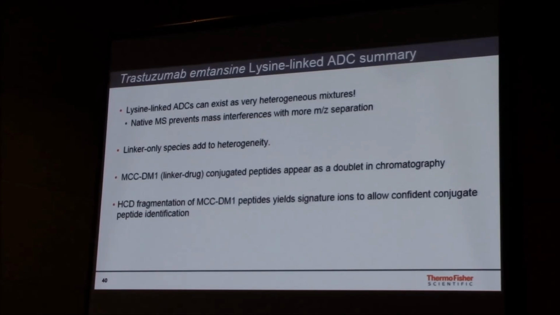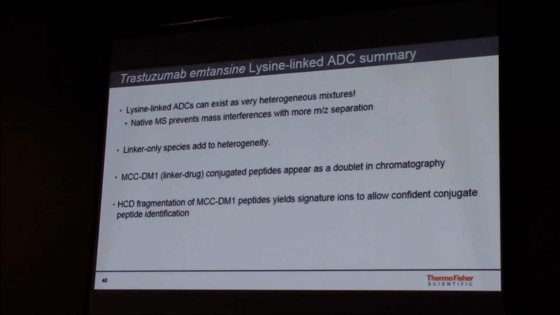So to summarize, this lysine-linked ADC is different than the cysteine-linked ADC. These are very, very heterogeneous. They also call this a random lysine-linked ADC because it's just one round of derivatization and then a hopeful complete round of derivatization afterward. So this is different, but native mass spec nonetheless helps here by preventing mass interferences and providing greater m/z separation.